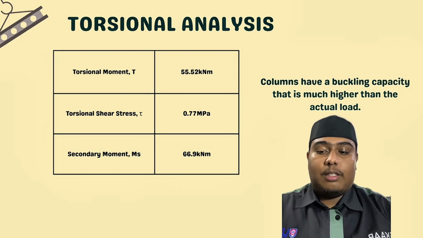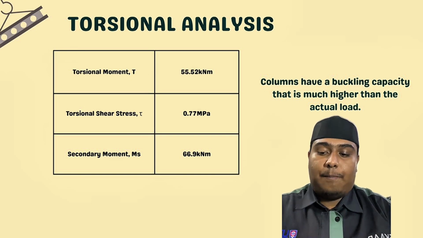This value indicates the amount of shear stress produced due to twisting action on the beam. Next, the secondary moment MS is 66.9 kN meter. This moment is considered together with the bending moment to ensure the beam has sufficient strength under combined loading conditions.